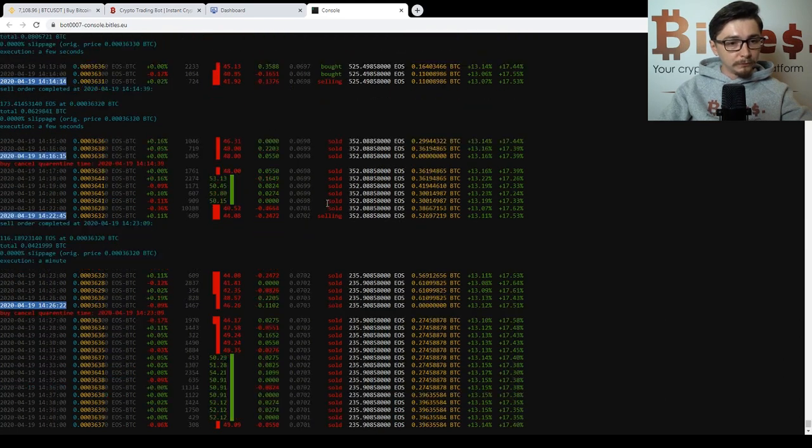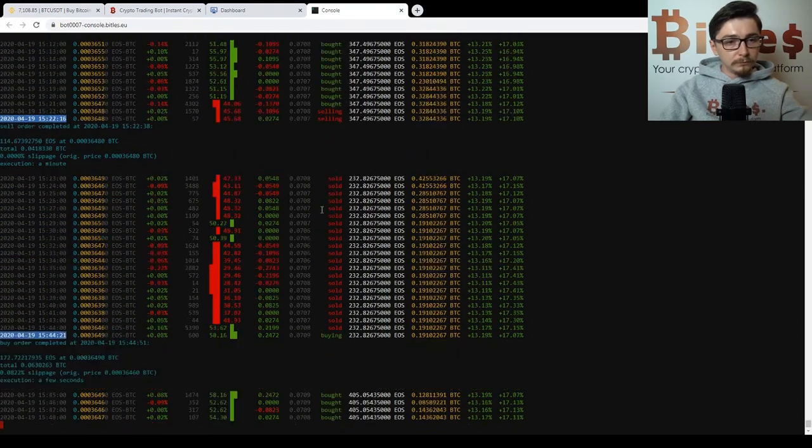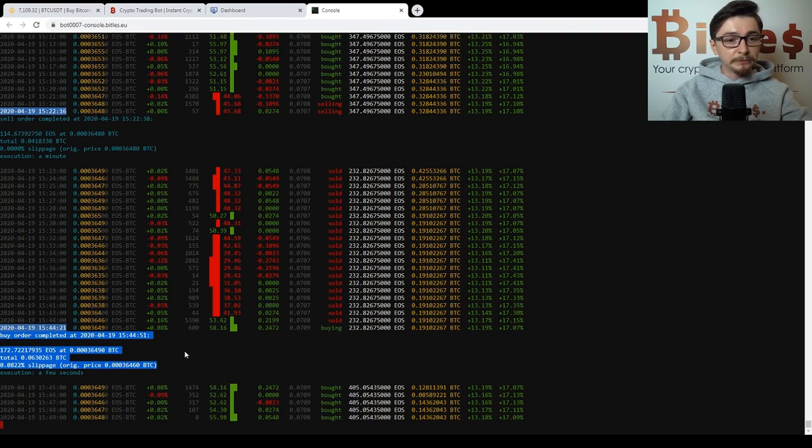Okay, we are close. So here it is. You can see that buy order completed at April 19 at 15 hours 44 minutes 51 seconds. The price is the same, 0.0003, total is the same, 0.063, and the amount is the same as well, 172.